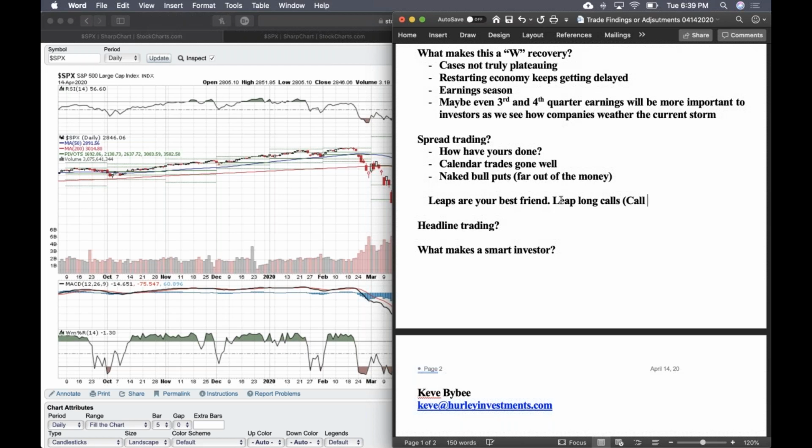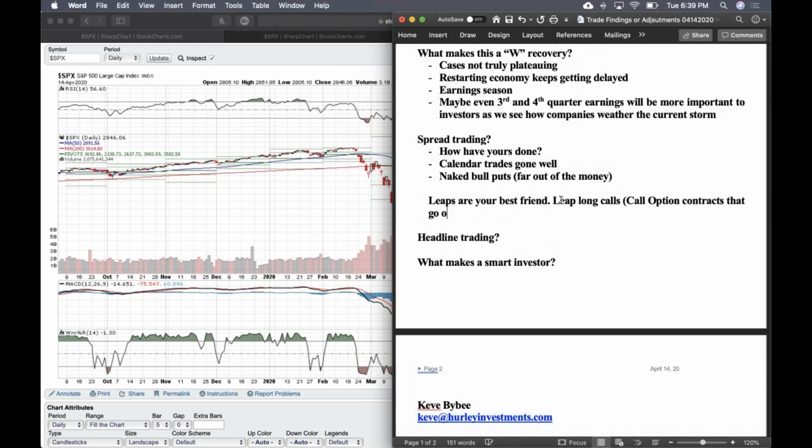So call contracts, call option, go out a year or more to expiration.